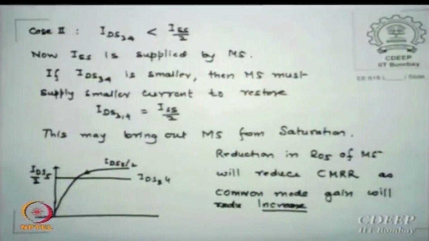M5 transistor current will reduce so that it becomes equal to IDS34 or IDS3, whatever it is, which means M5 will come out of saturation, and therefore by doing this it will increase the common mode gain or reduce the common mode rejection ratio. Okay.